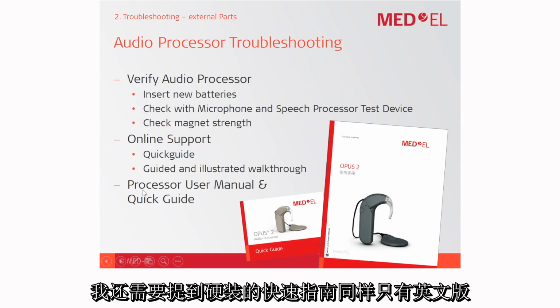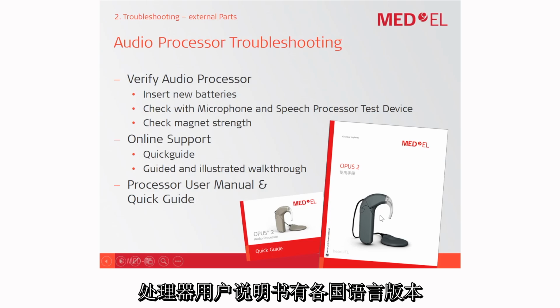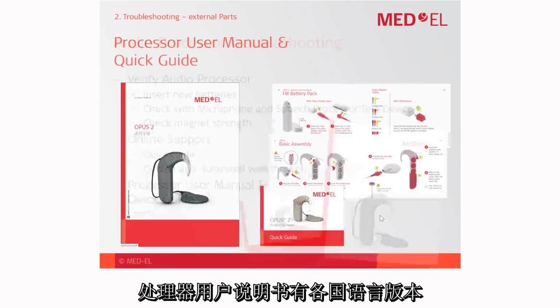I would also like to mention the processor manual and the hard copy quick guide, which is available only in English again. The processor user manual is distributed along with the processor, and this is available in all languages.